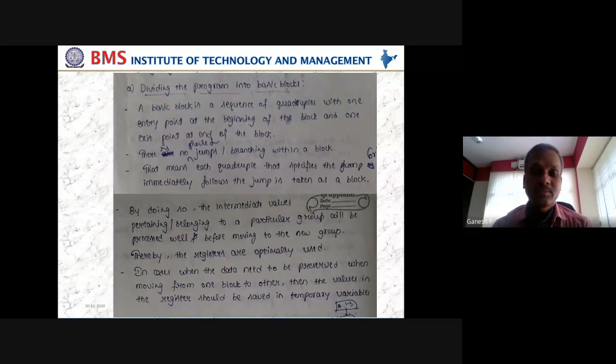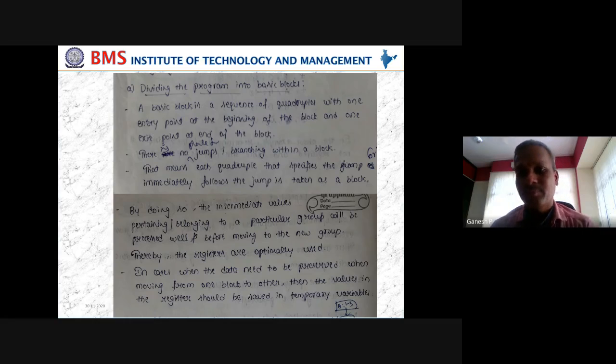Suppose I have constituted 5 instructions as a block. Out of these, every instruction is an independent instruction. No instruction will have a jump to another place or a call to another place. They are going to be very normal, very general instructions. So any loops or jumps or branches will not be part of a block.